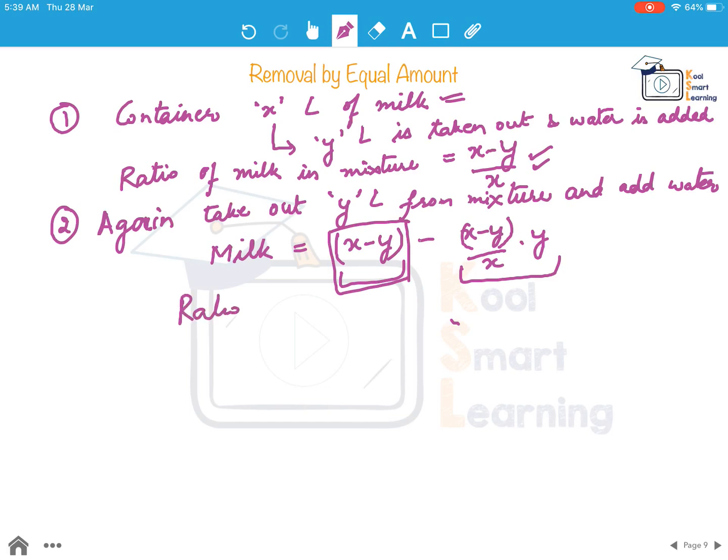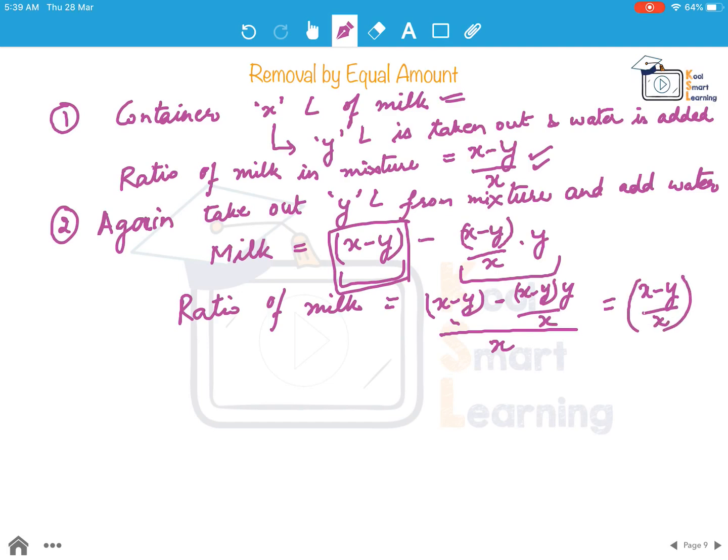Now what is the ratio of milk? This will be given by X minus Y minus X minus Y into Y by X, divided by the total quantity, which is again nothing but X. So if we simplify this, we get X minus Y by X whole square. Right? So this is now the ratio.